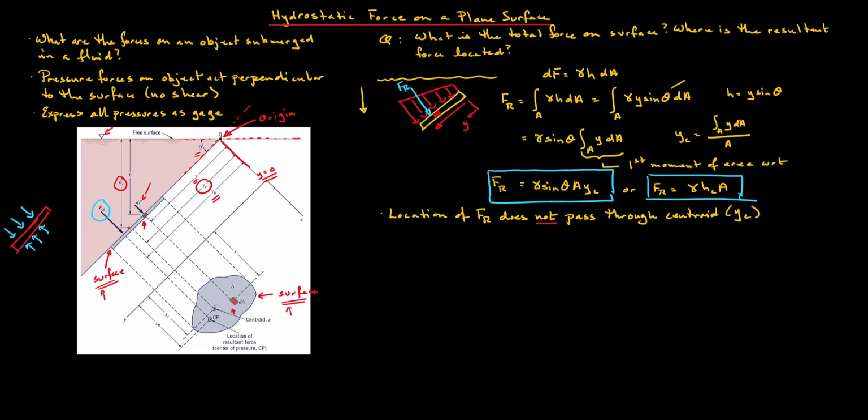The moment about the origin due to FR will be, so let's just write this, the moment about O is equal to FR multiplied by yR. Recall that FR is due to a distributed pressure force, as shown over here. That is, it is simply the effective result of a bunch of small differential pressures.